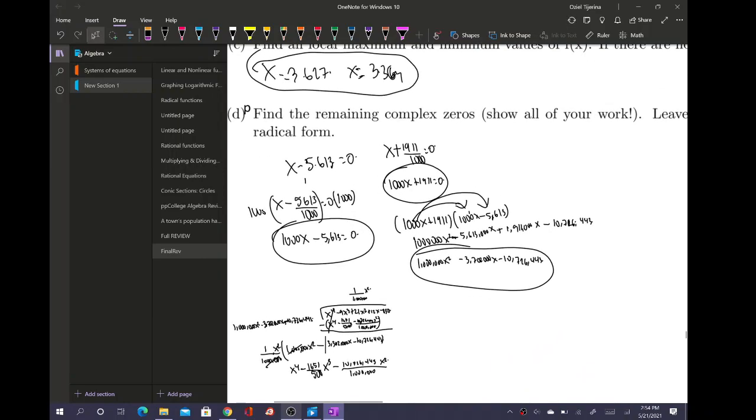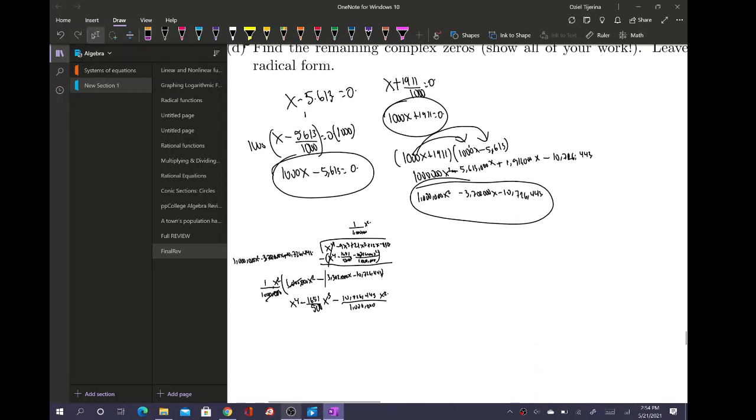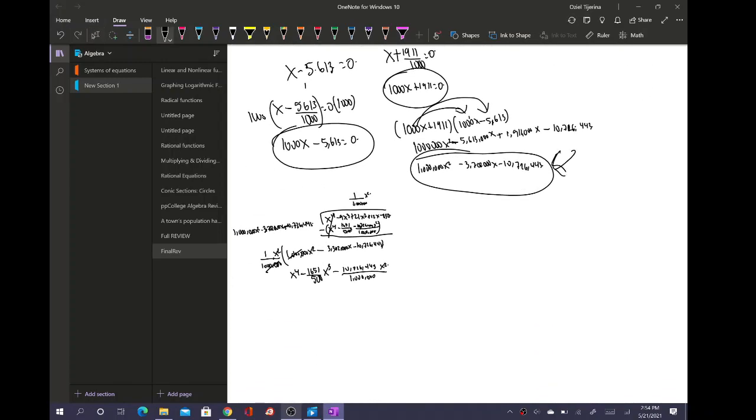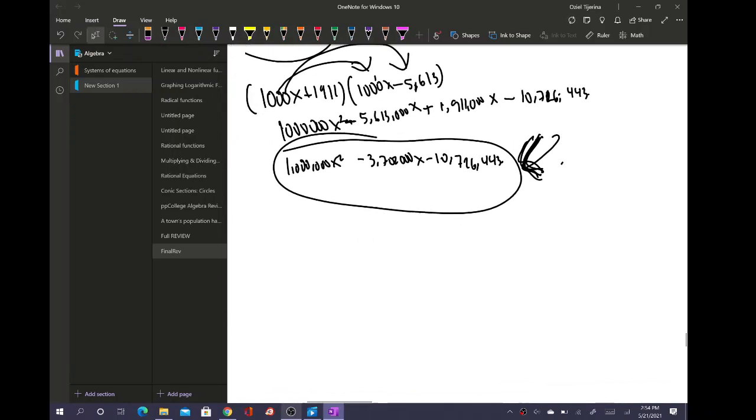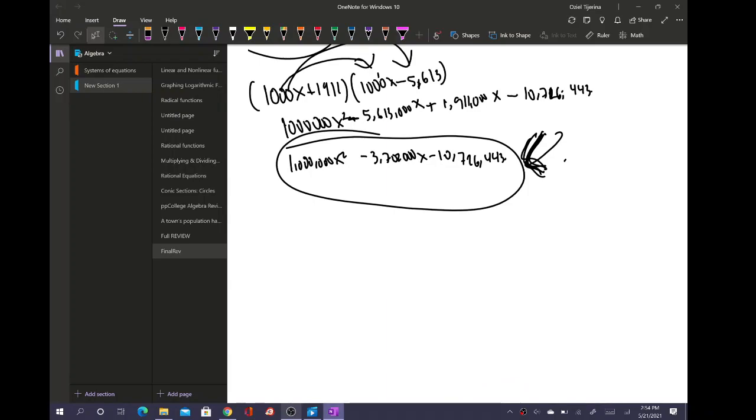So if I actually tried to solve this equation, maybe using the quadratic formula, then maybe that can help. But at the same time, they're very big numbers.